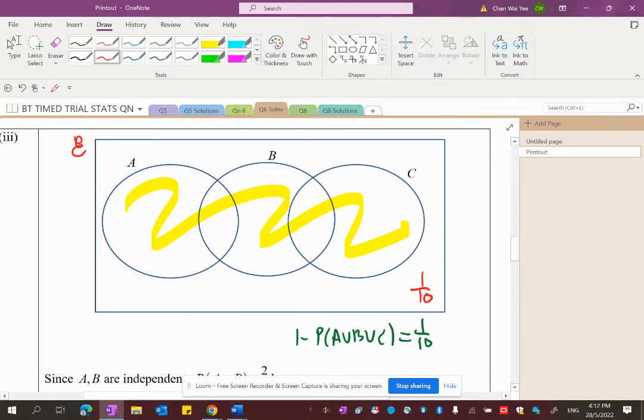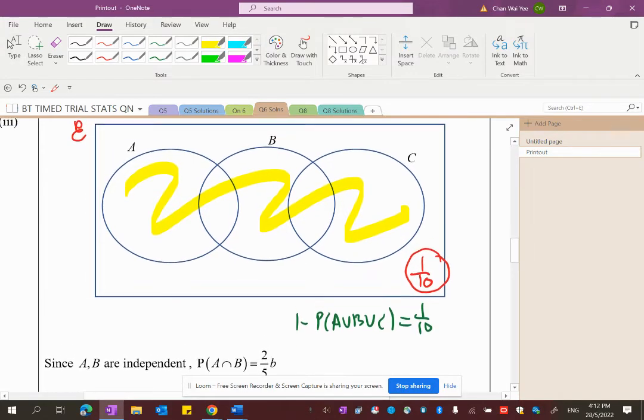So always be careful whenever you're solving such a question. Don't just focus on A, B, and C or whatever events you have. You should always look at the region beyond these events and see whether there are any other probabilities there. Otherwise, your Venn diagram is not considered completely correct if you miss out any information.